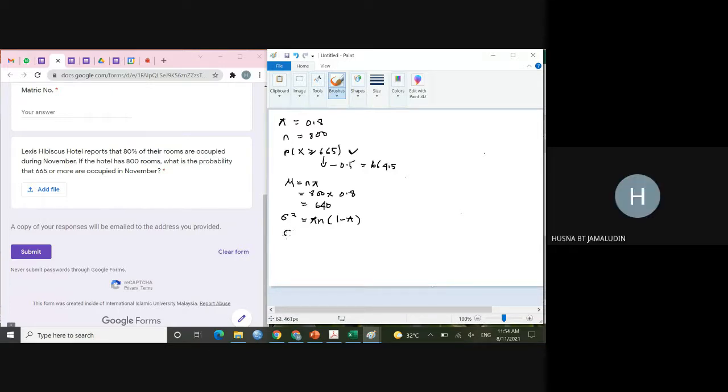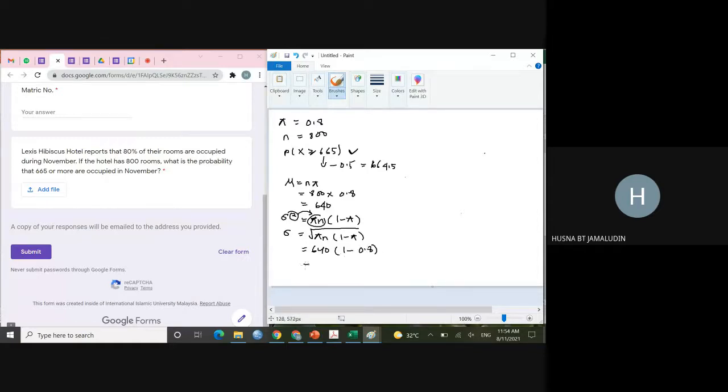Yes, so sigma equals, you bring the square to the right-hand side and it becomes a square root. So you have the square root of n times pi multiplied with 1 minus pi. N times pi you have computed, which is your mu, so you have 640 multiplied with 1 minus, what is your pi? 0.8.